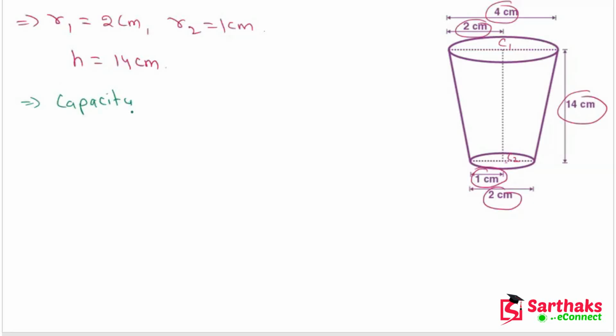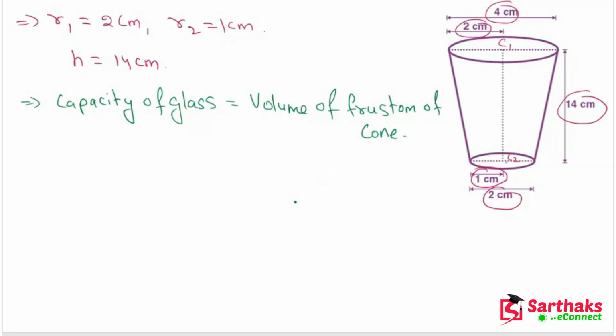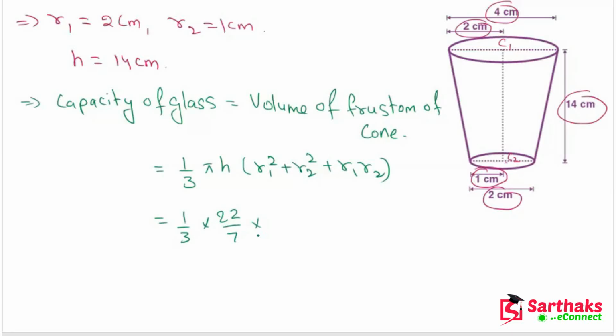So now, capacity of glass is equal to the volume of the frustum of a cone, which is 1 upon 3 pi into h (r1 square plus r2 square plus r1 r2). So 1 upon 3 into 22 upon 7 into 14, and (2 square plus 1 square plus 2 into 1).